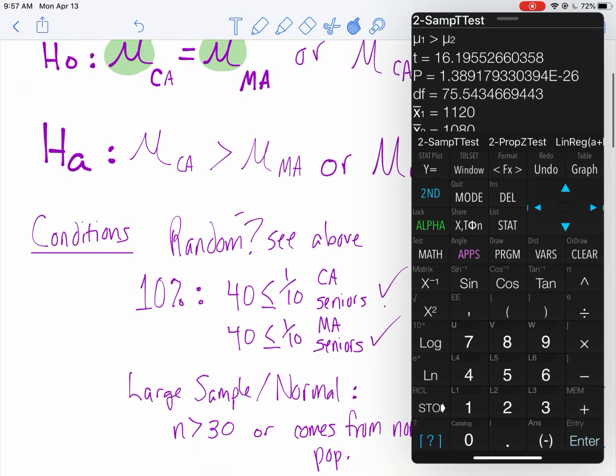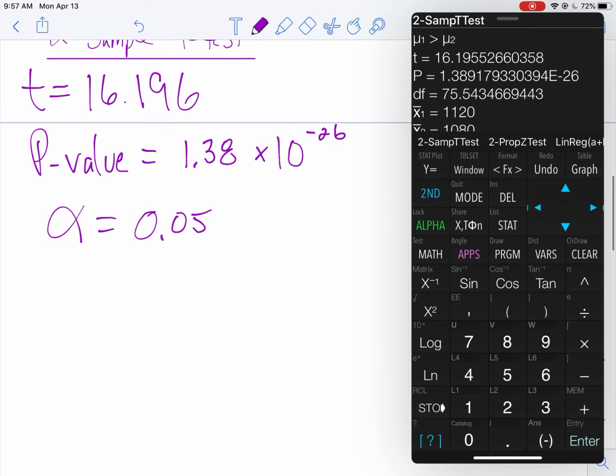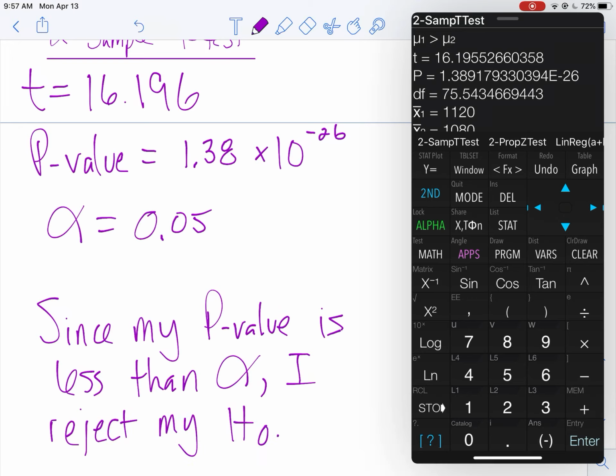Just like all hypothesis tests, if the significance level isn't established at the beginning, always go with 0.05. So in this case, my p-value is less. Since my p-value is less than my significance level, I reject my null.